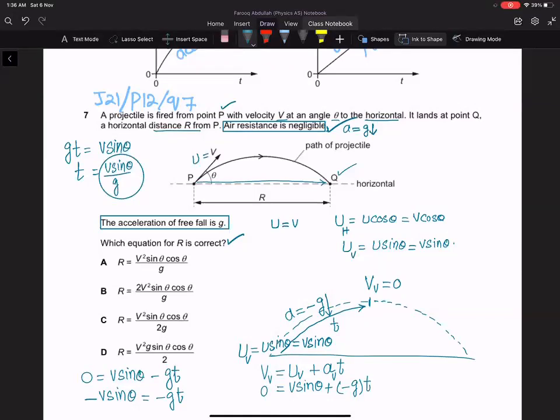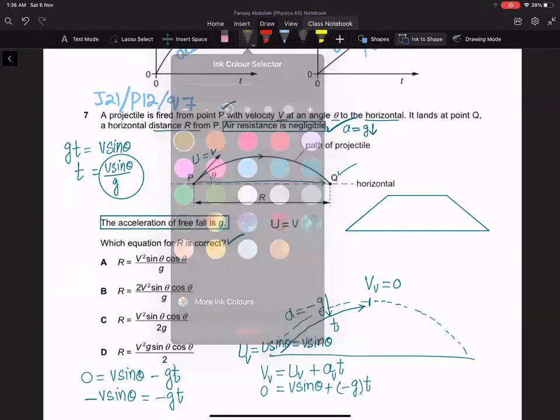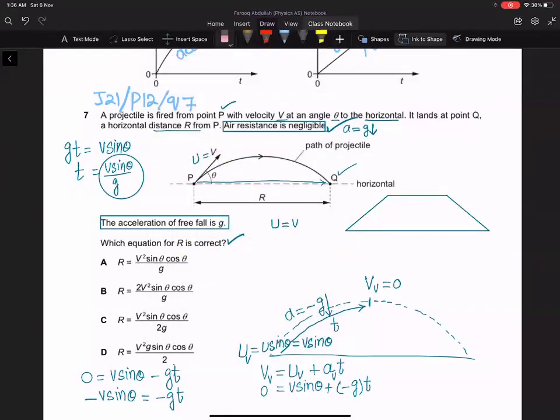So now, if the time to reach the maximum height is v sine theta over g, then the overall time of flight will be the time to reach the maximum height and then the time to return to the ground.